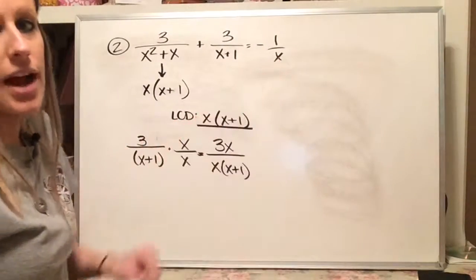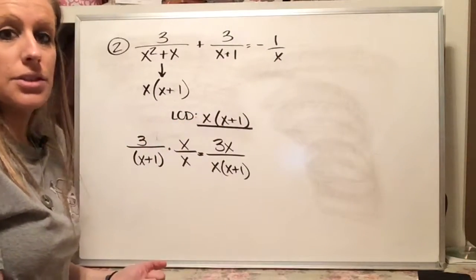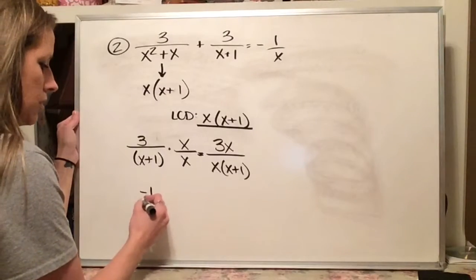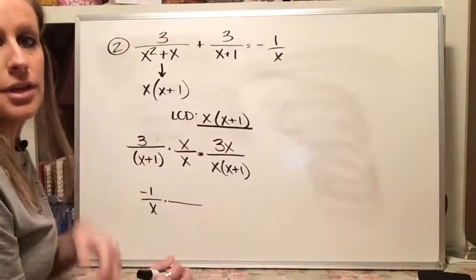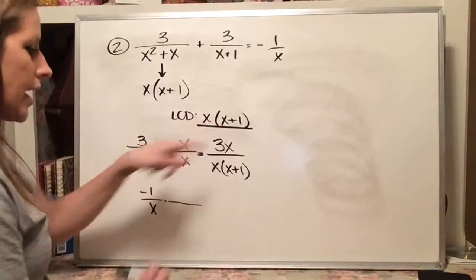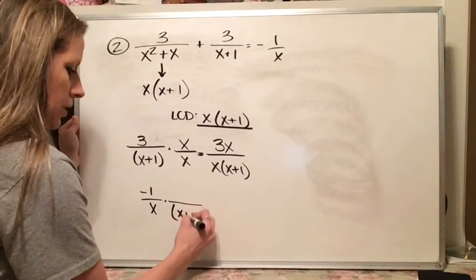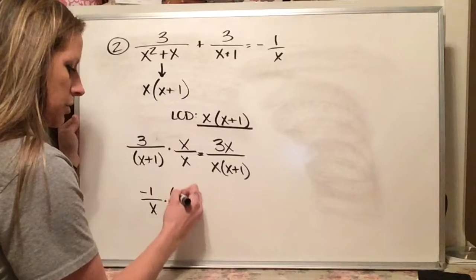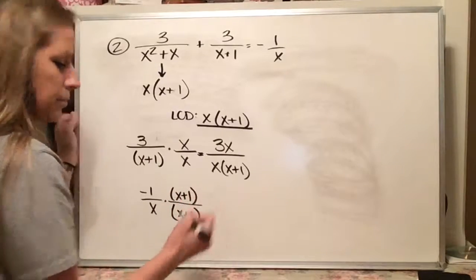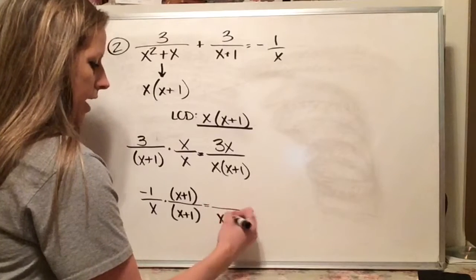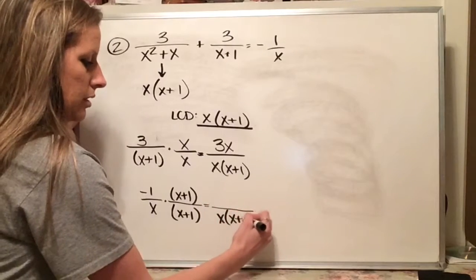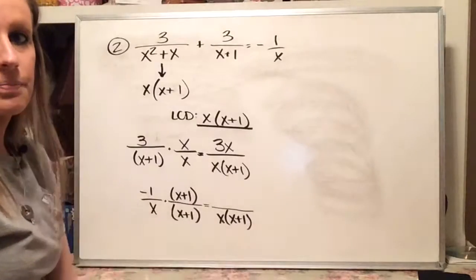All right, our last fraction, we have an x in the denominator. In order to get this least common denominator that we figured out, we need an x plus 1. So we're going to multiply top and bottom by x plus 1. That way it has the x plus 1 in the bottom here.